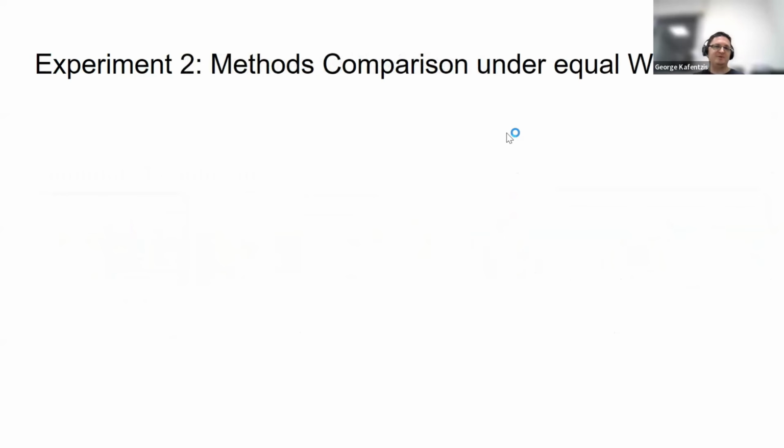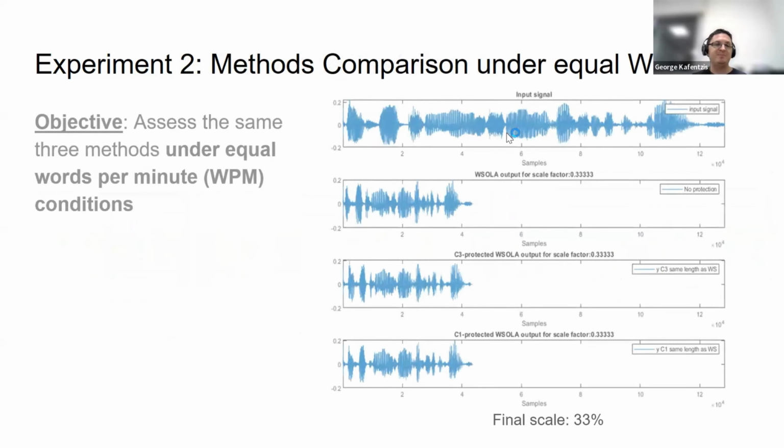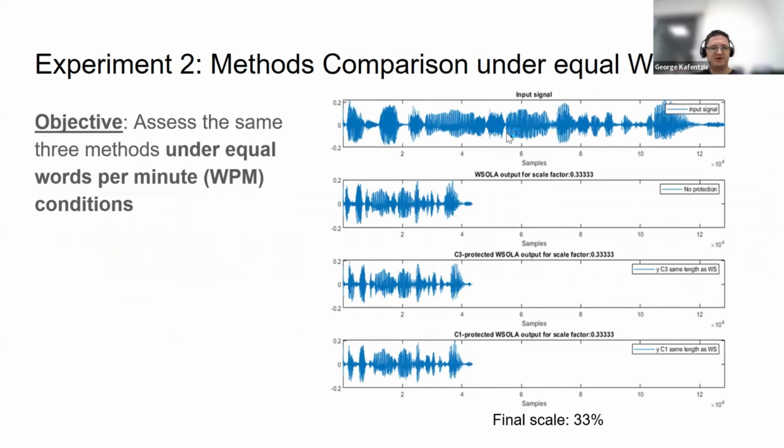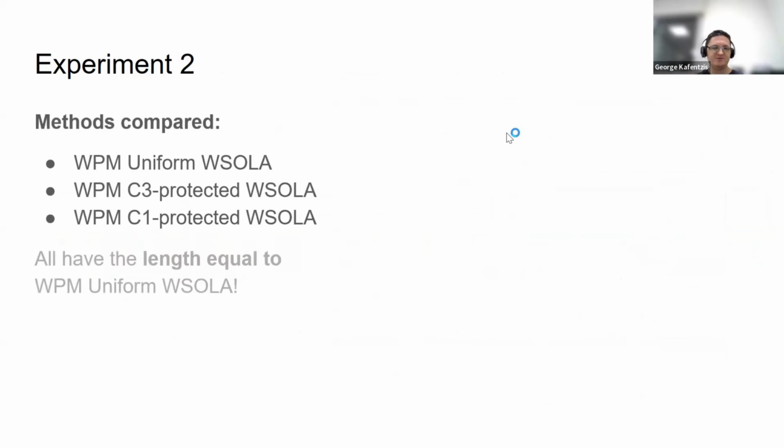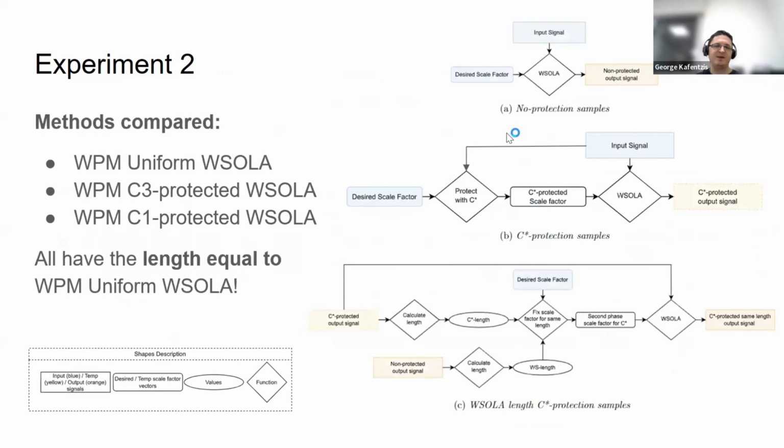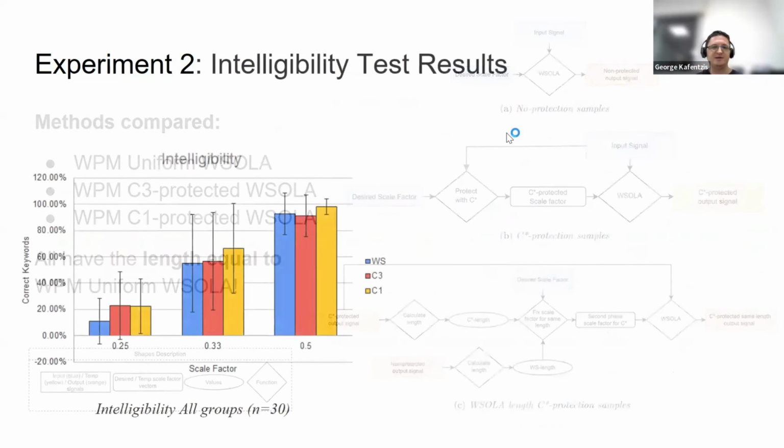The second experiment that we conducted is under the equal word per minute restriction, where now the compressed waveforms all have the same length in order to satisfy this criterion. Again, the same methods, the same pipeline with some modifications to satisfy the equal word per minute criterion.